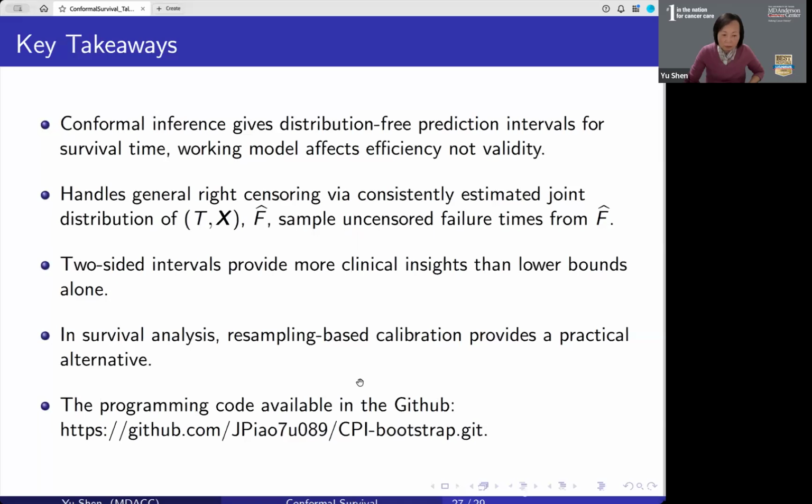In most of the conformal literature, the calibration stage, to estimate the conformal score, is mainly based on splitting the training data set. Here we avoid that. We use resampling to achieve the same purpose. And the programming code is available on GitHub.